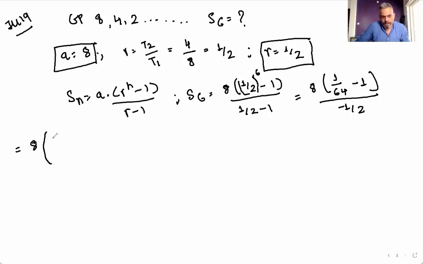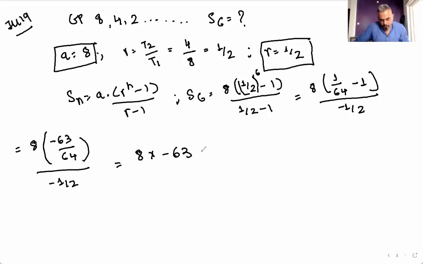So 1 minus 64 is minus 63 by 64 whole upon minus 1 by 2. So we simplify it, 8 into minus 63, 64 नीचे चला जाएगा, 2 ऊपर आ जाएगा, upon minus 1 into 64, which is equal to, now minus minus will become plus.